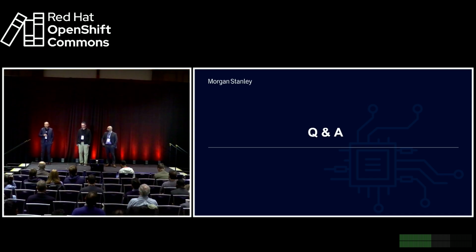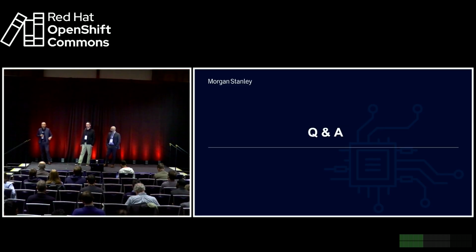I'll take it. We don't use the ACM functionality in terms of observability. We have a different team within our department that focuses primarily on observability. They have a stack they call central observability, which feels and looks like RHACM, but it has many other components.